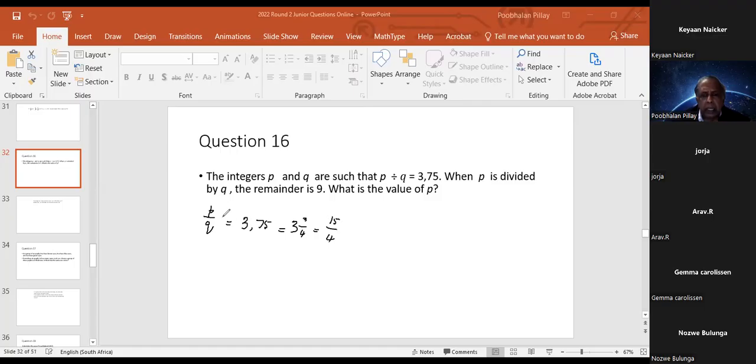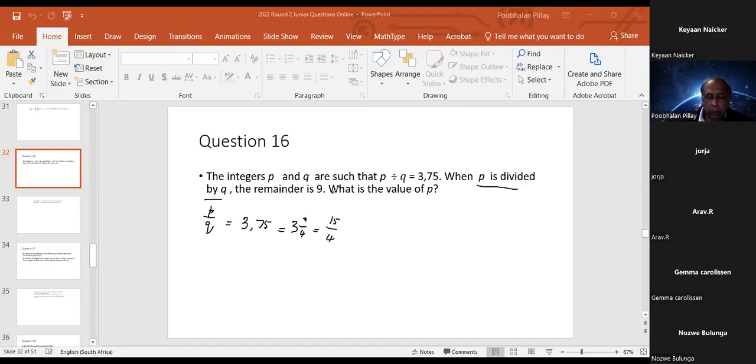You may think that therefore P is equal to 15 and Q is 4, which is fine. But they tell you that when P is divided by Q, the remainder is 9. Now, if you said P was 15 and Q is 4, when you divide 15 by 4, it goes into 3 times, and the remainder is 3, not 9.